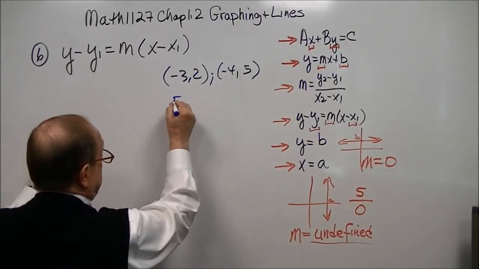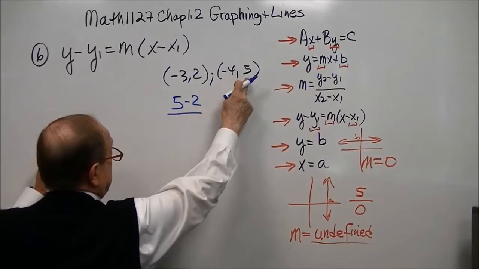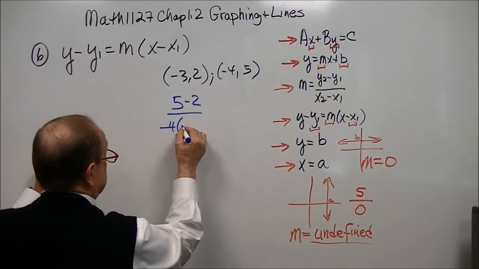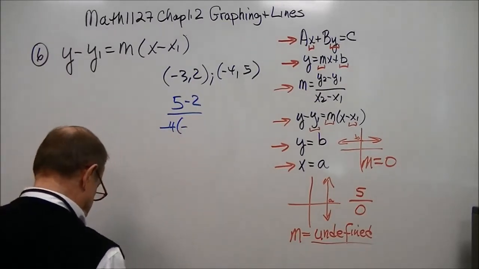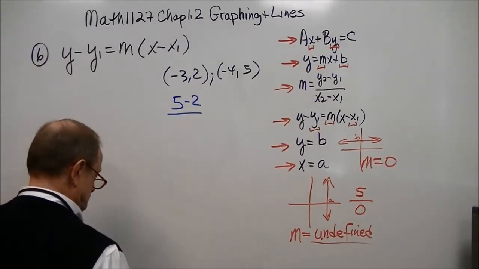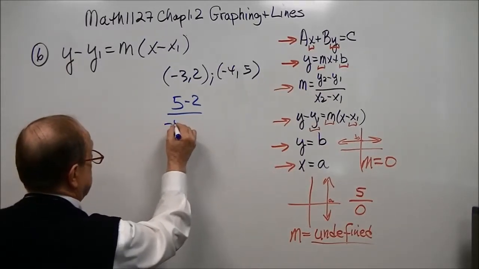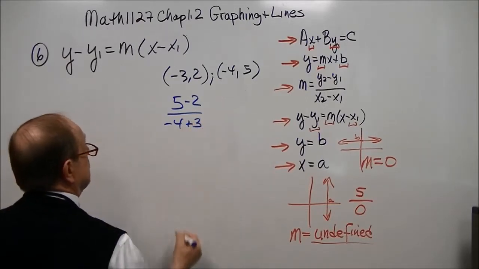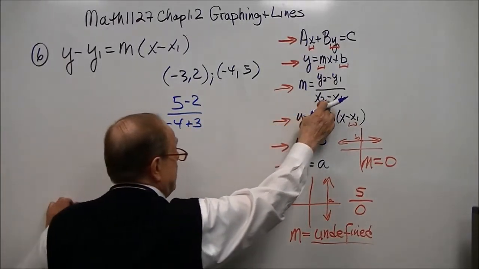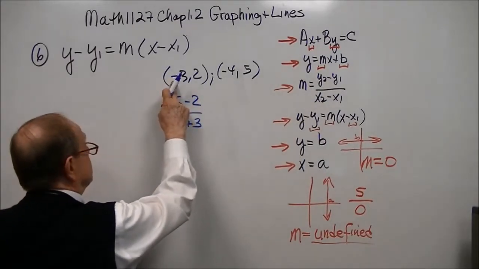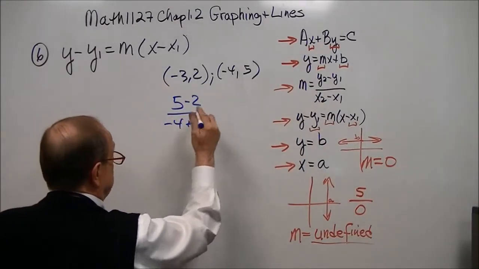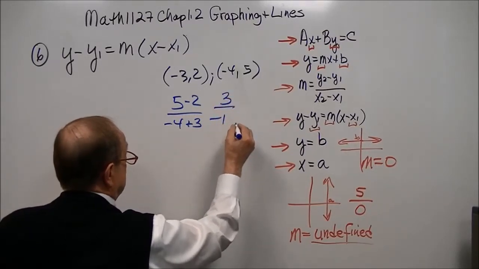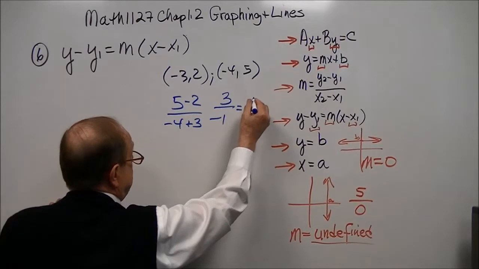So it's going to be 5 minus 2, minus 4, minus a minus 3 makes that a plus 3. So I took a little shortcut. There's a minus there. There's a minus there. That makes this a plus. So this is going to be 3 over negative 1, which makes my slope a negative 3.